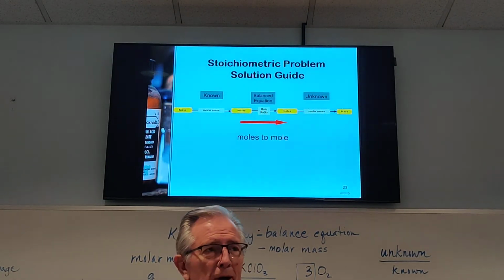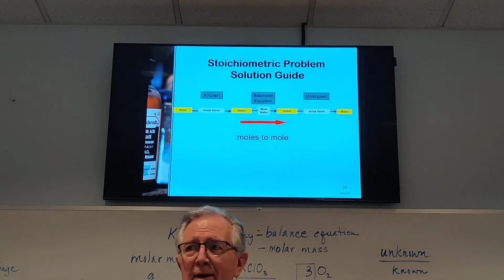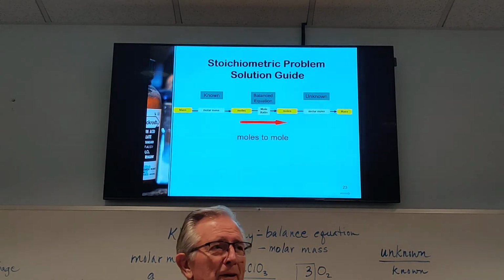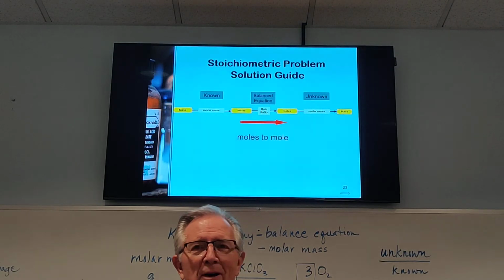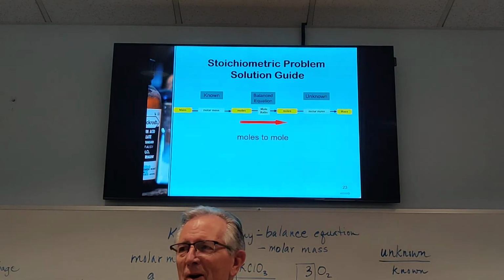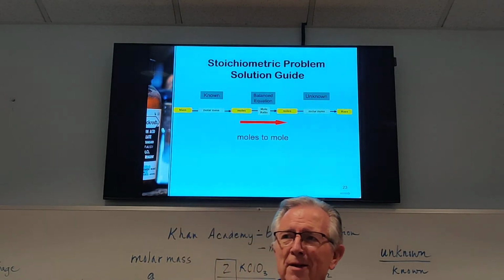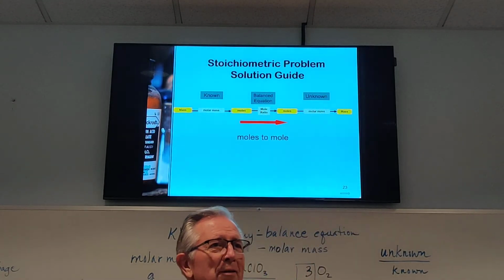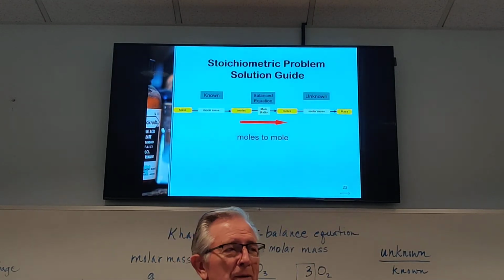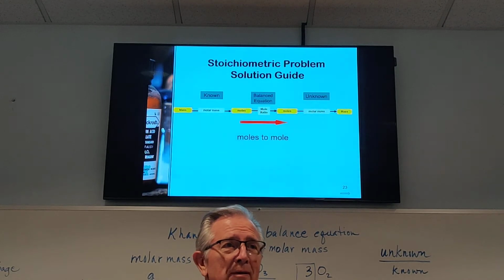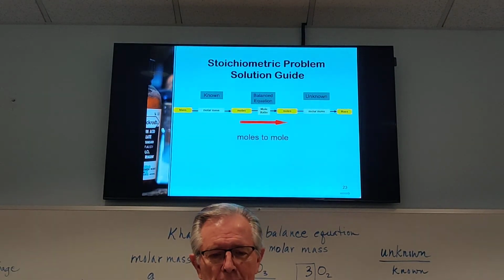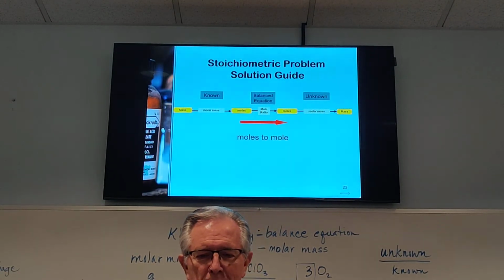It's just that middle part. It's like you're standing on the banks of the Missouri River on the Omaha side, and you want to end up on the banks of the Missouri River on the Council Bluffs side. The only thing in between you is the bridge. And the mole ratio is your bridge, which you get from a balanced equation.